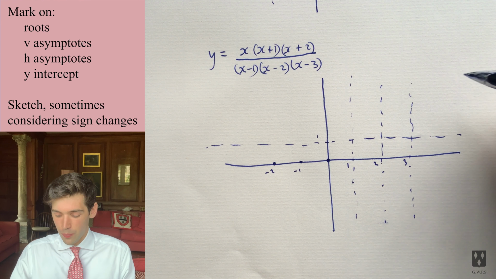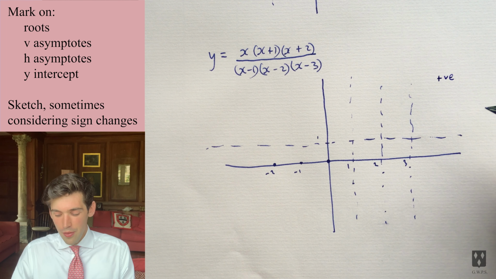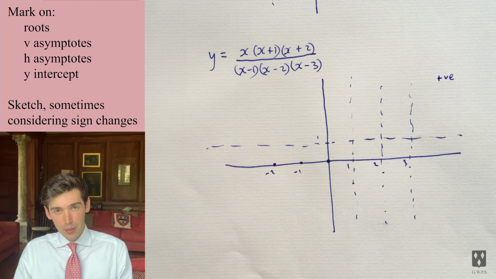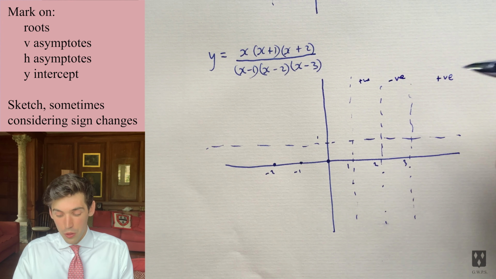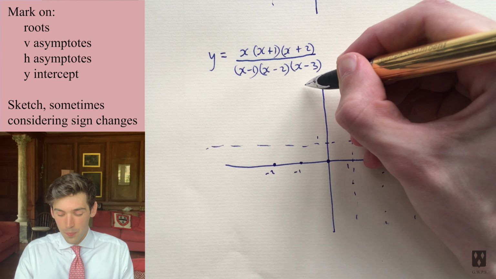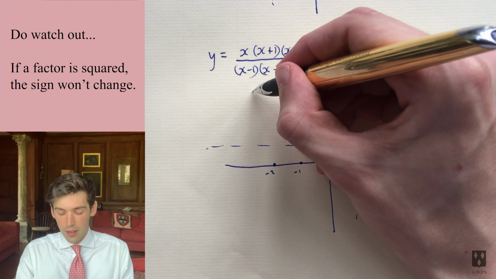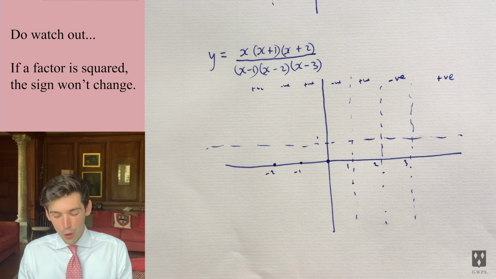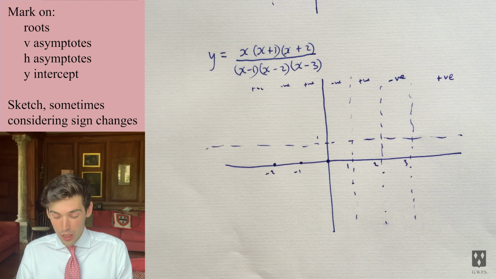The whole thing's positive. So we're definitely positive over here. And then just consider that every time you pass through one of these key values, it goes negative or positive. So we're negative here, then we're positive, then we're negative, then we're positive, and then when you go through -1, you become negative, and then positive eventually, which is good because we know we end up at this asymptote, which is positive.